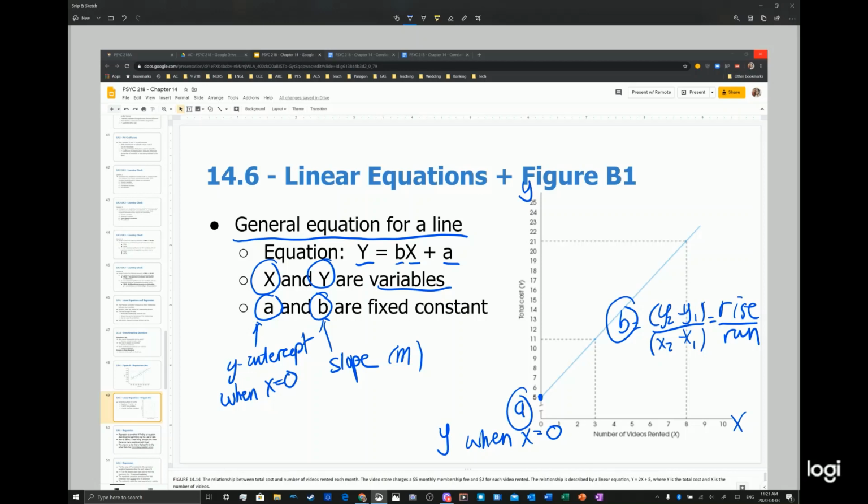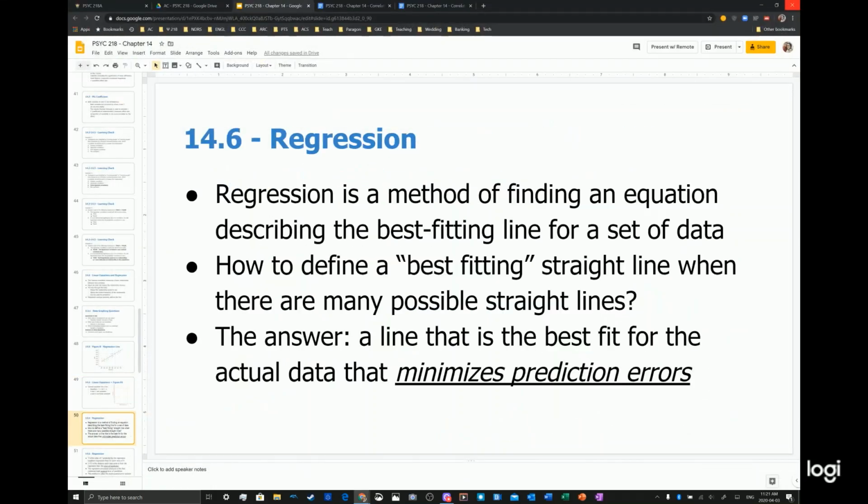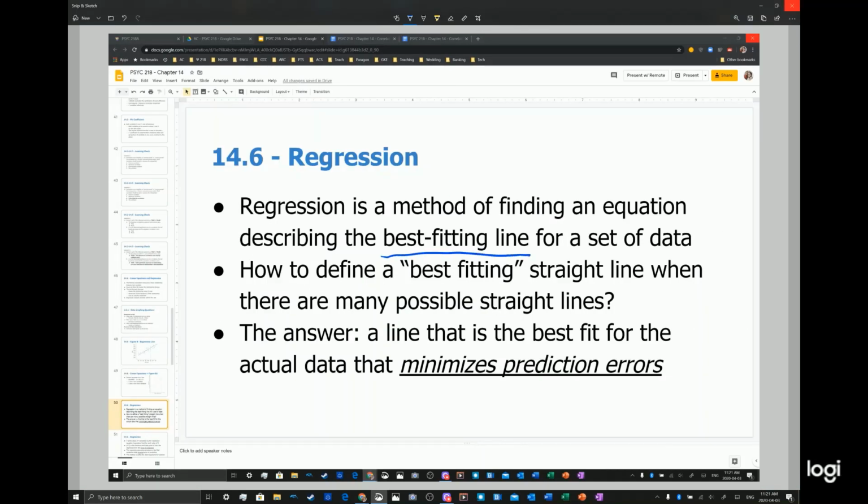This is the linear equation for the regression line that we use for this section of the chapter when we look at linear regression. So the regression itself is a way of finding that equation, finding that line, the best fitting line. That is the regression line for a given set of data when the points are plotted on the scatter plot.